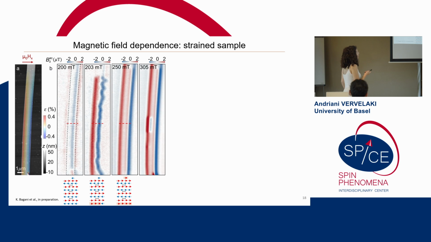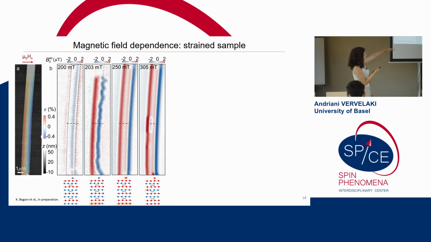And what is very interesting now is that we see that this happens from the region of the maximum tensile strain, which agrees with the picture that I described before, that the tensile strain decreases the antiferromagnetic coupling, so it's easier now to polarize it.